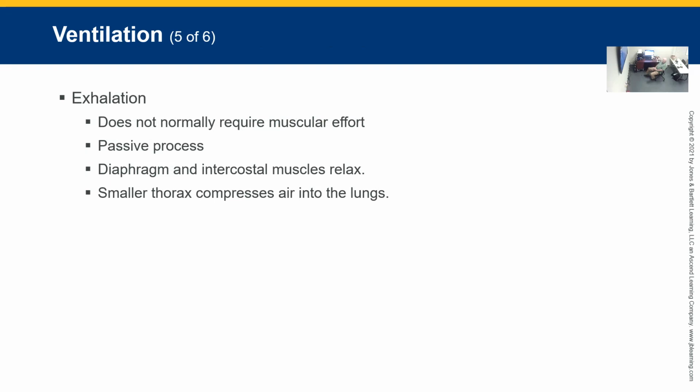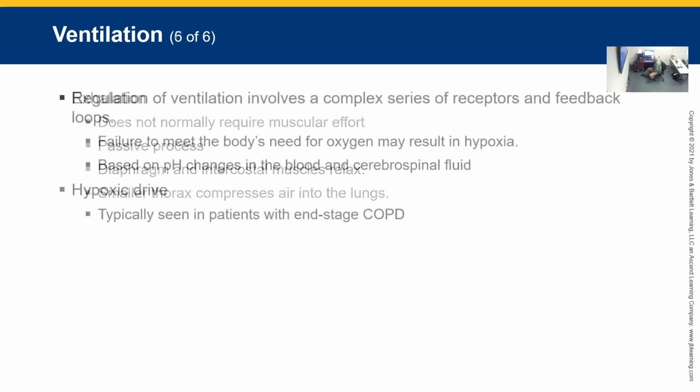Exhalation, as I said, takes 2 seconds to get the air out. It's a very passive process. Everything is just relaxing and going back to normal, and it compresses and lets the air out.